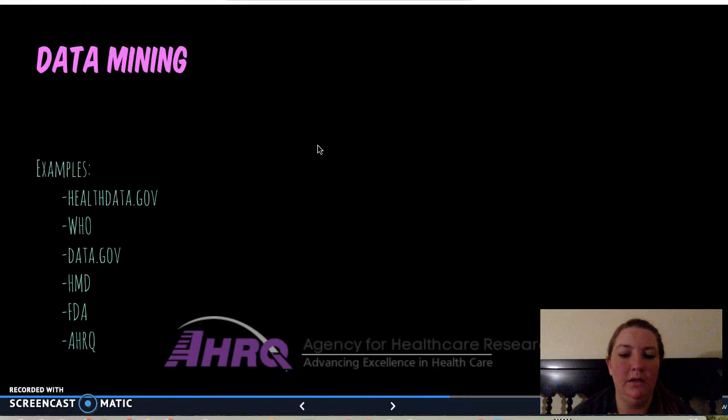So data mining. Data mining is important because it's important to find the data, know where to find the data, and where you would go for what data, but also to be able to pull out what you really need. There are many, many places to find data, especially healthcare data. It's out there.